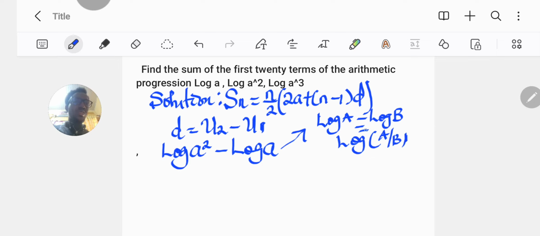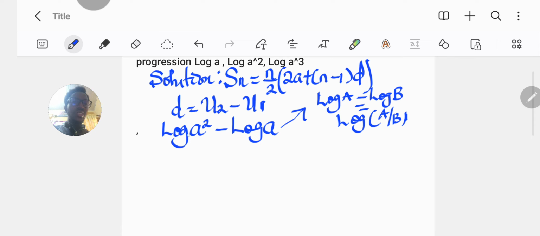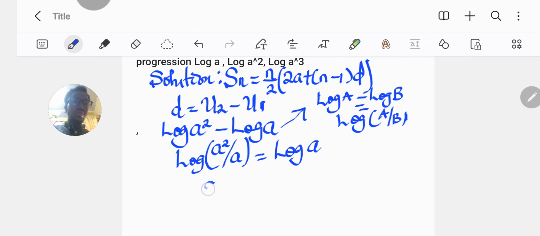Following that principle for this question, log a squared minus log a is the same as log of a squared over a, and that's eventually going to give us log a. So our d, which is the common difference, is equal to log a.